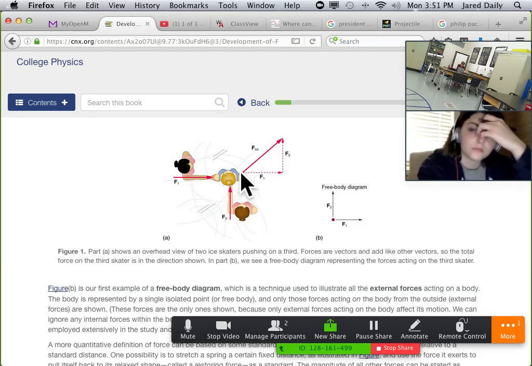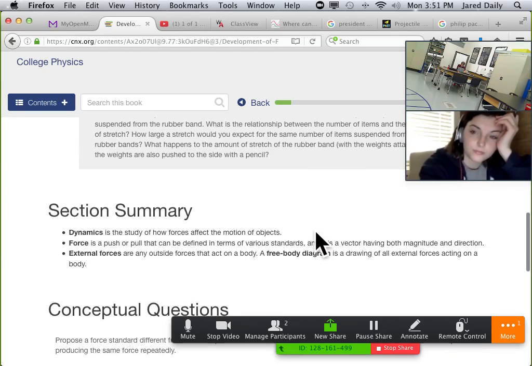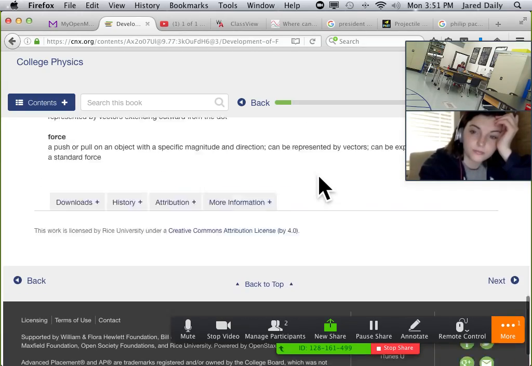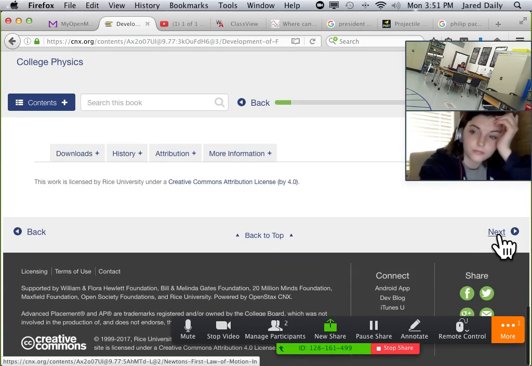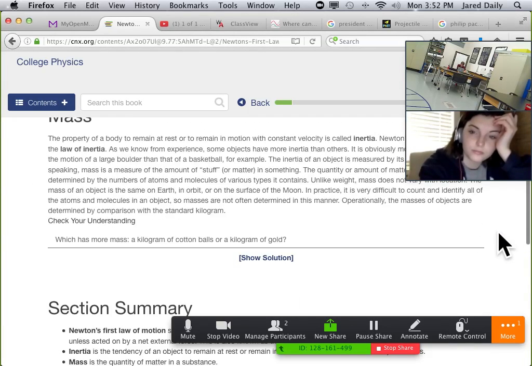You could still have a net force if the person on the left was pushing harder to the right than the other person pushing to the left, then you would have an overall net force to the right. But you still have to add them together to understand if there is any net force on this particular object. So it's the net force that really matters.